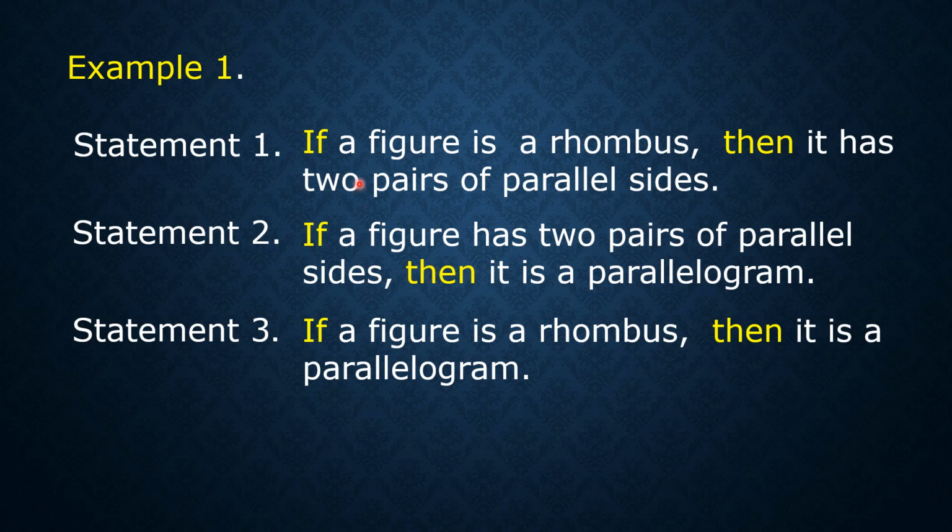The hypothesis in statement number 1, a figure is a rhombus, is the hypothesis in statement number 3, a figure is a rhombus. And the conclusion in statement number 2, it is a parallelogram, is the conclusion in statement number 3: it is a parallelogram.